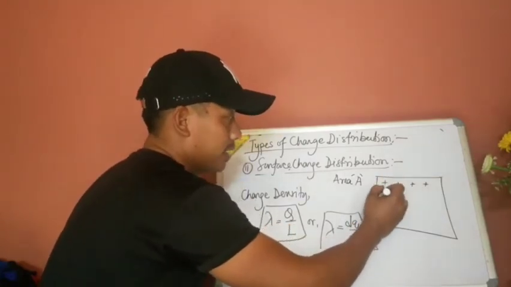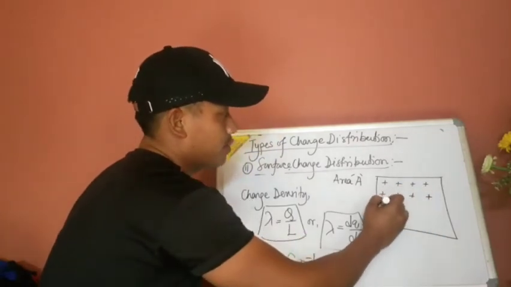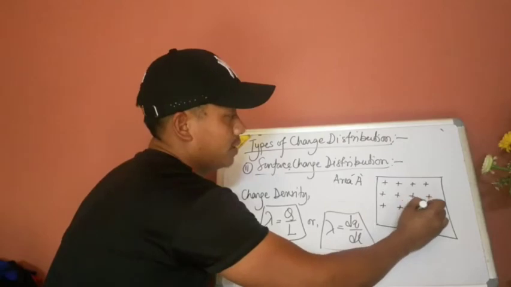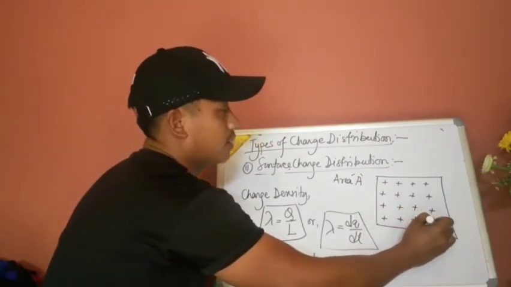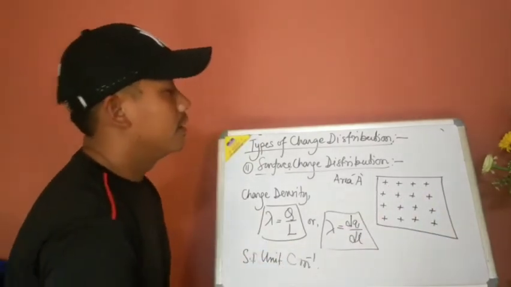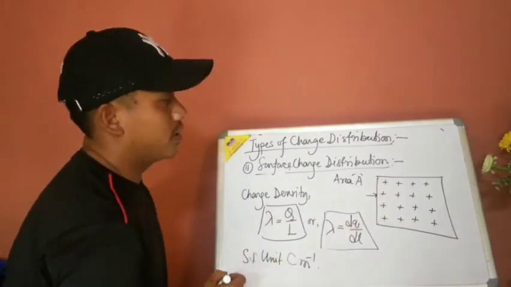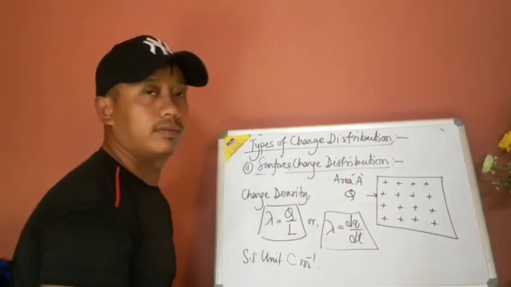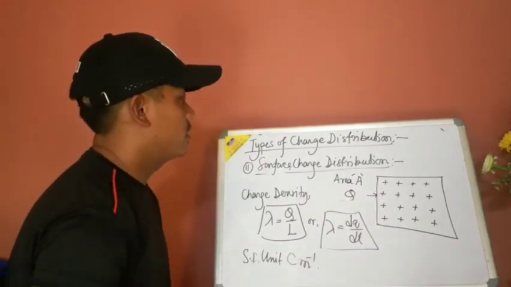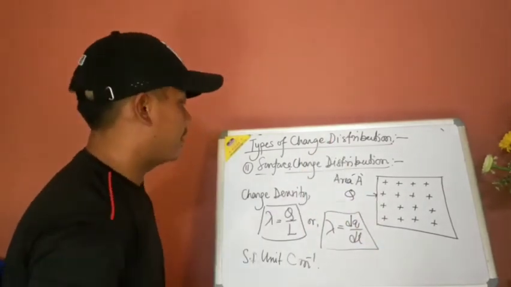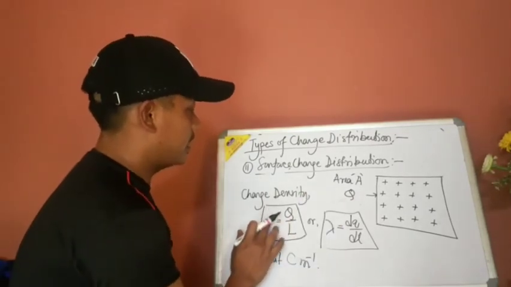The property of charge is that when you induce any amount of charge on a particular body, it will just distribute equally on the surface. So the total charge distributed on this surface is Q. Then such a charge distribution is known as surface charge distribution, and for this also you will have charge density.